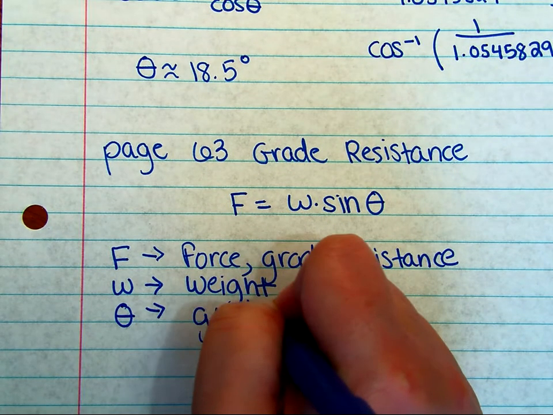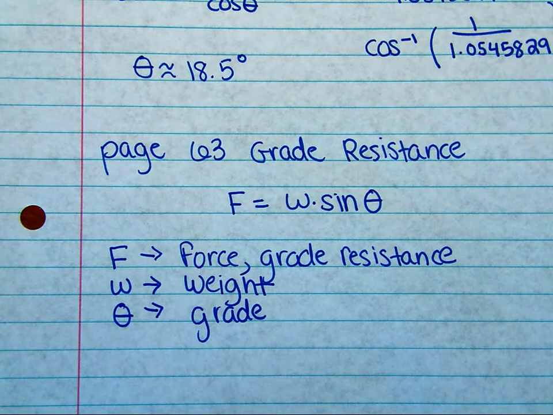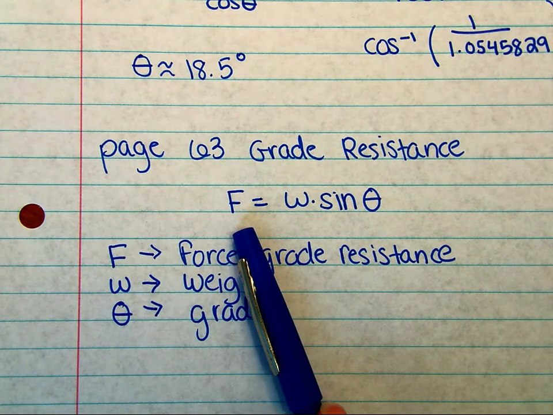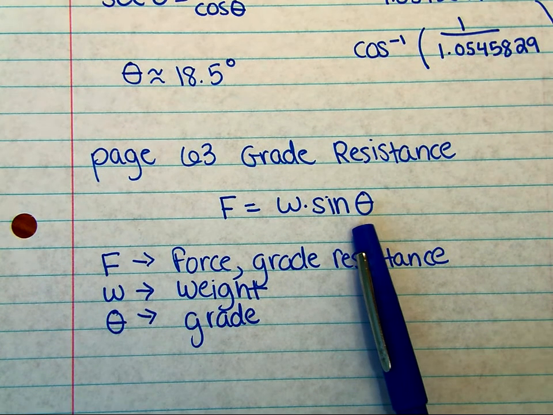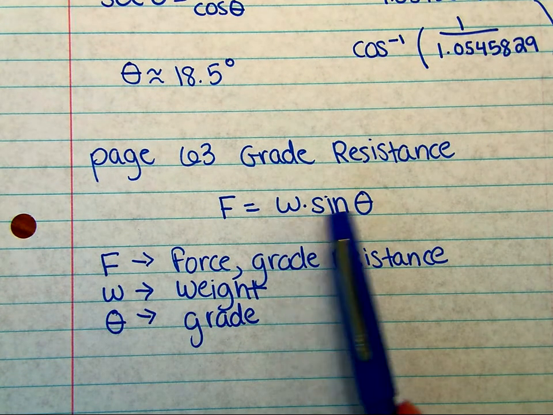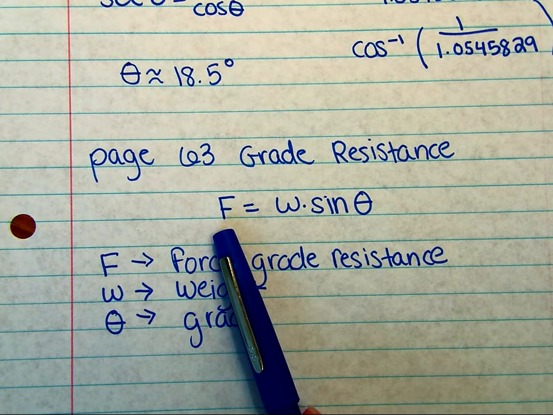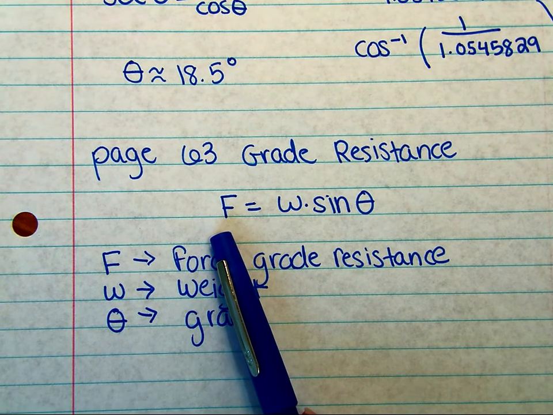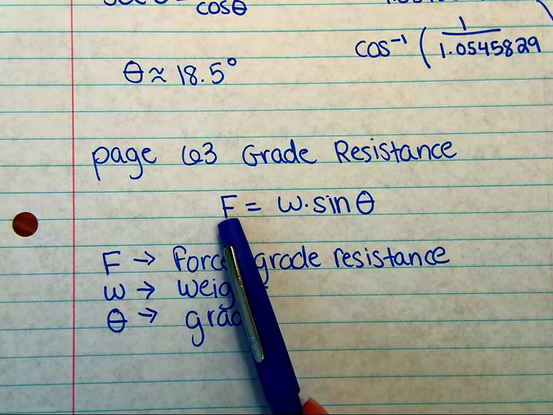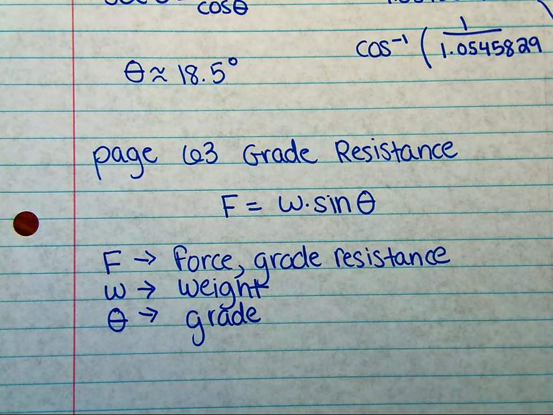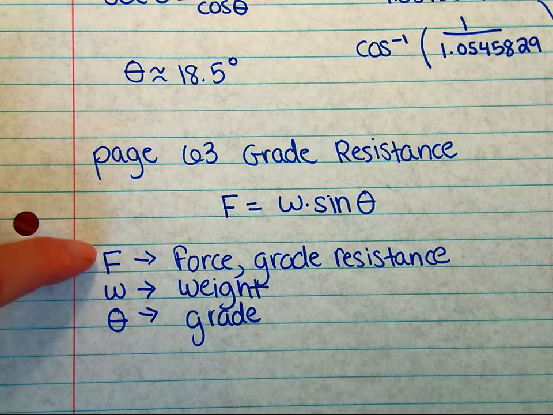Okay? So I could ask you to solve for the force given the weight and theta. I could ask you to find the weight given theta and the force, and I could also ask you to find theta given the weight and the force. So those are 3 different scenarios, but you should be able to solve for any of these variables given the other 2.